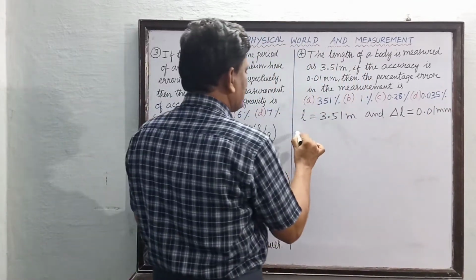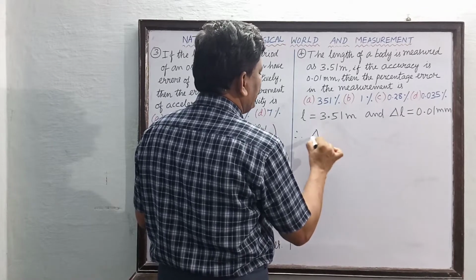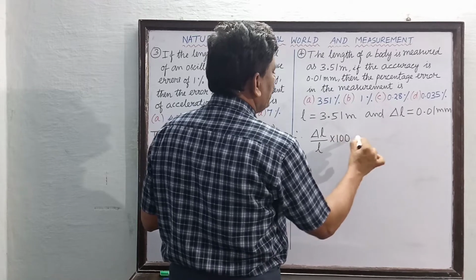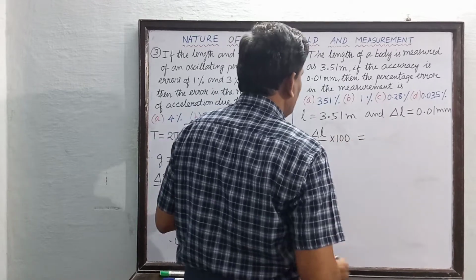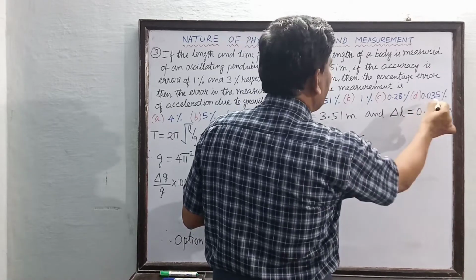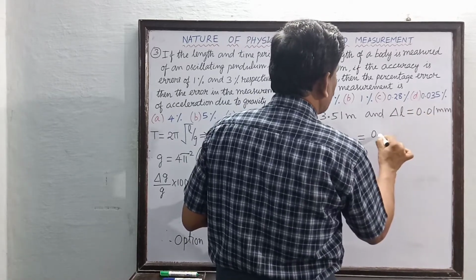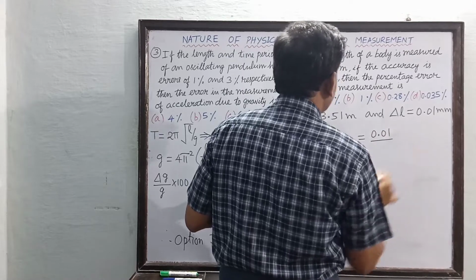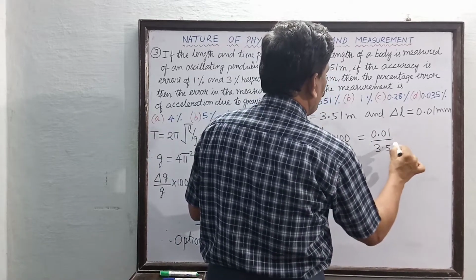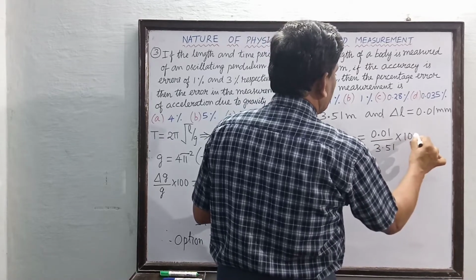Therefore, the percentage error is delta L divided by L into 100. So delta L is 0.01, divided by L, which is 3.51, into 100.